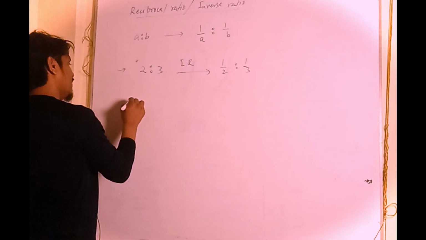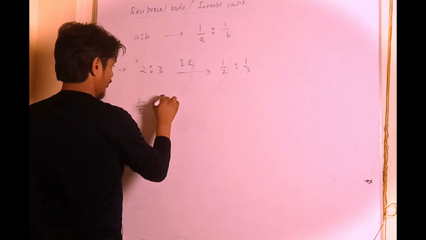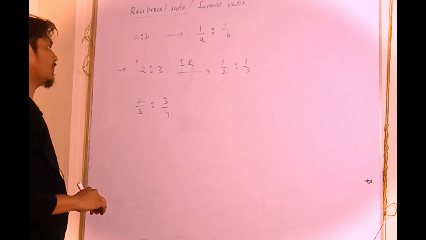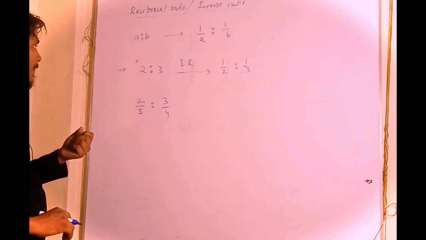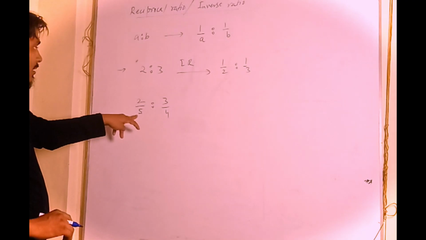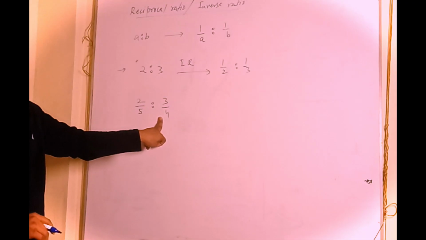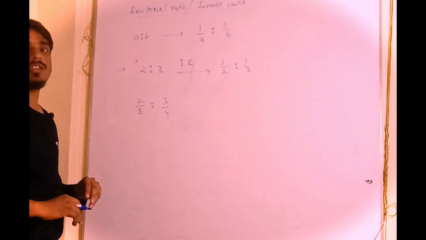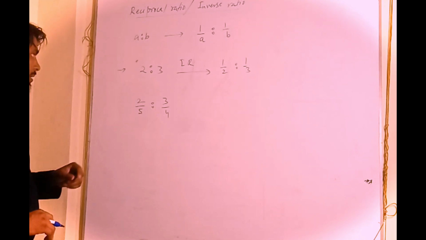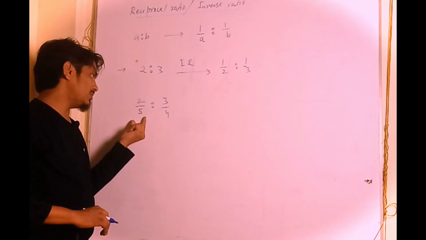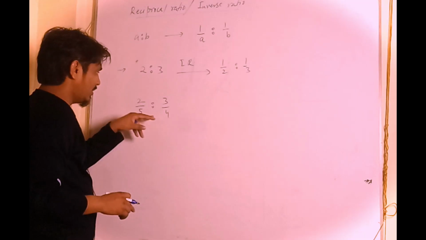If we are given 2 over 5 ratio 3 over 4, and we want to write it in simple form, you can see that this is not commensurate, as both are fractions. Commensurate means both antecedent and consequent should be integers. In this case, they are not integers. So we can make both of them integers by multiplying both antecedent and consequent by the LCM of the denominators.